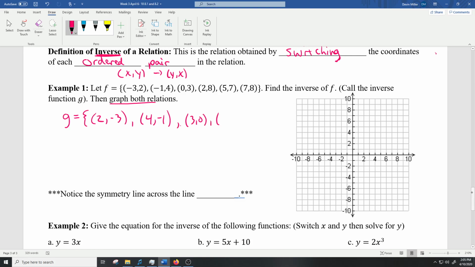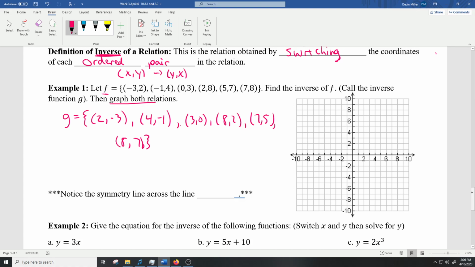This one would be (8, 2), (7, 5), and (8, 7). Bracket. G is the inverse of f because we switched all the ordered pairs.